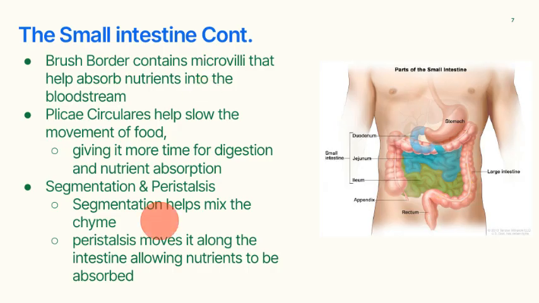The plicae circulares help slow the movement of food, giving it more time for the nutrients to get absorbed. Segmentation and peristalsis: segmentation helps mix the chyme, while peristalsis moves it along the intestine, allowing nutrients to be absorbed along the way.